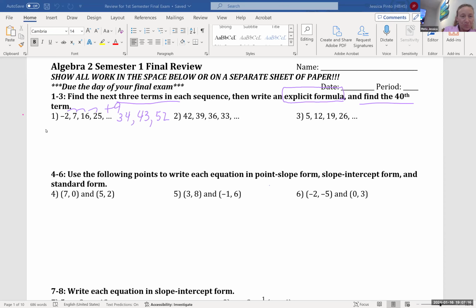So the formula you want to have, and you probably want to write on your note card, is that a_n, which is any number in the sequence, is equal to the first term plus n minus 1 times d. So this is going to be like 39 times 9 plus negative 2.